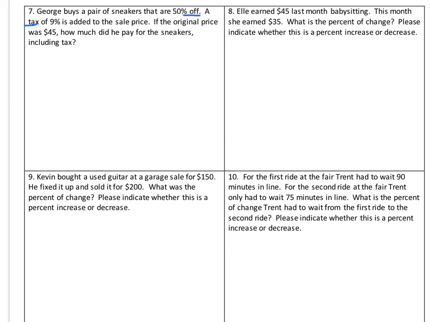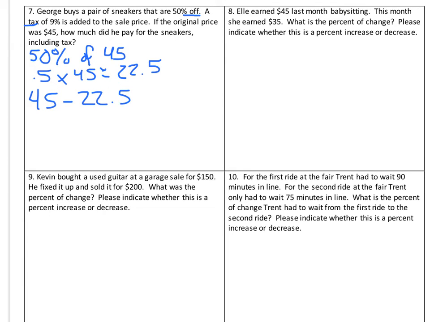Again, two-part problem. 50% of 45 is 0.5 times 45, which equals 22.5. So discount means I have to take 45 and subtract 22.5 to get a total price of $22.50.